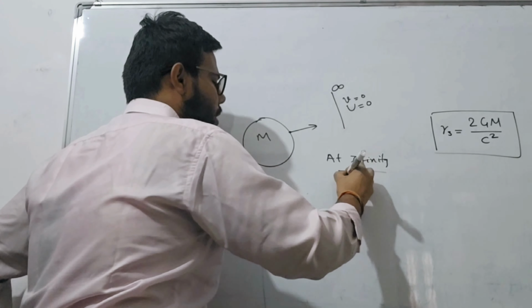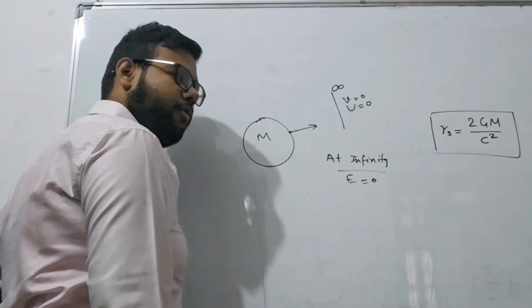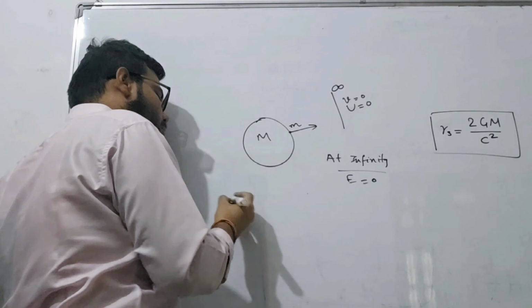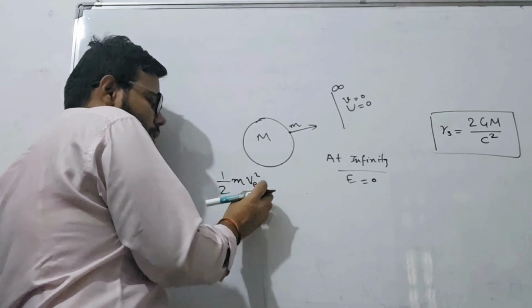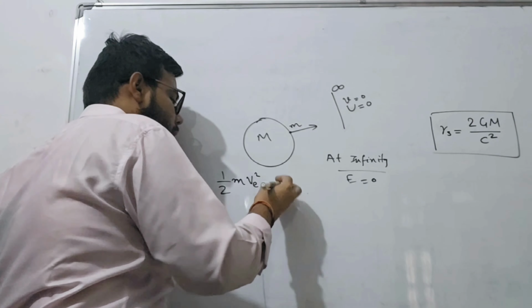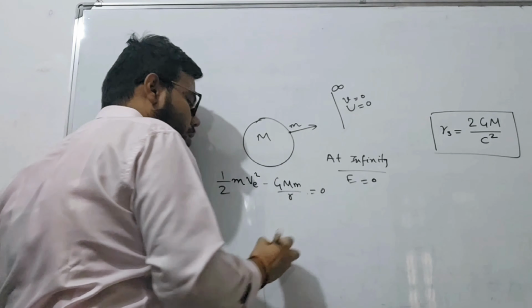At infinity your total energy is equal to 0, right? Kinetic plus potential becomes 0. So energy must be conserved: half m v_escape squared, this is the velocity required to escape that planet, minus G M m by r is equal to 0.